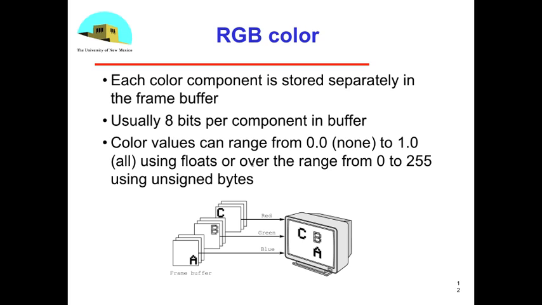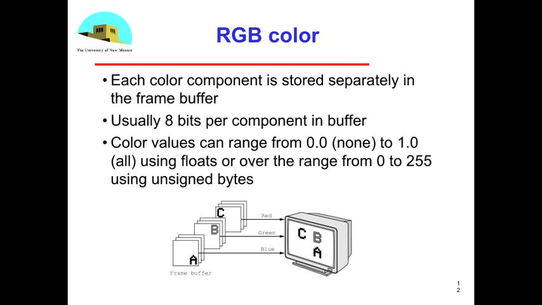So a color buffer would have 8 bits for red, 8 bits for green, 8 bits for blue, which would mean that, numerically, each component goes from 0 to 255. Or another way of looking at it: if you have 2 to the 8th, 256 reds, 256 greens, and 256 blues, the total number of colors you get is 2 to the 24th, so about 16 million colors.